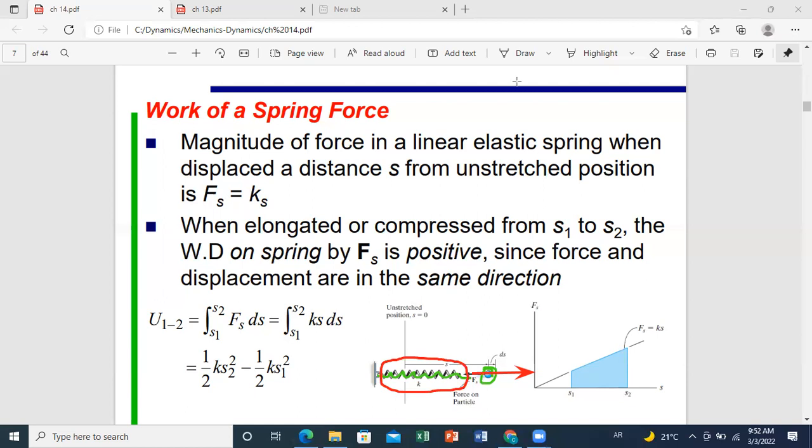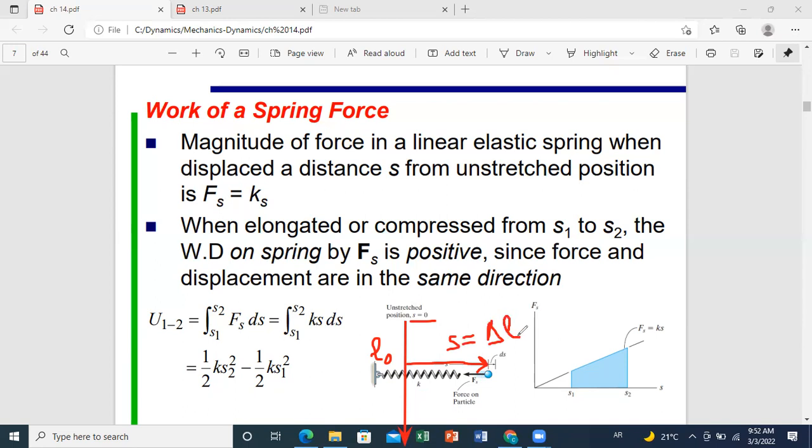So I can consider the unstretched position, corresponding to L0, as my origin for S. So I consider that S equals 0 at this position. And this means that the value of S will be equal to delta L. Because delta L represents what?